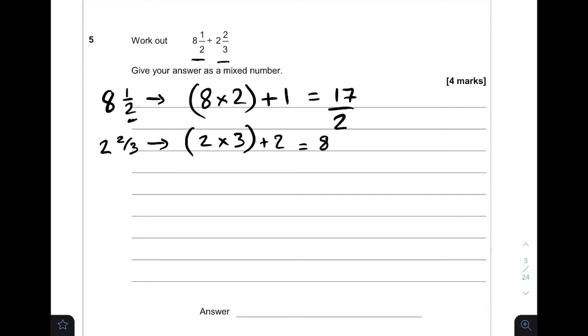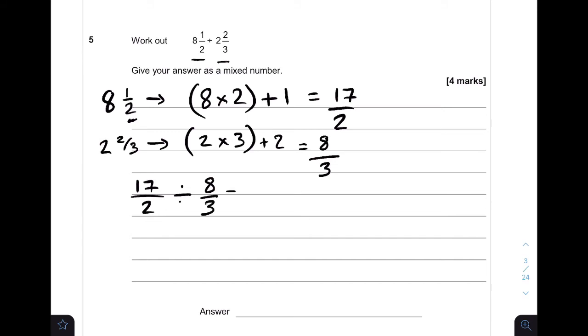And then obviously we leave that over 3. So now we have the two numbers as improper fractions. Now we can rewrite this division and then do the calculations. So we have 17 over 2 divided by 8 over 3.